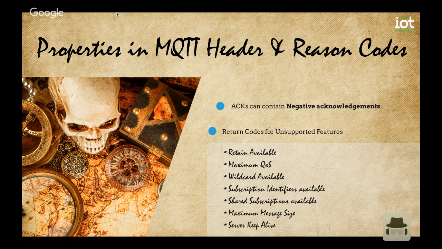So another foundational change is return codes for unsupported features. When a client connects to an MQTT broker, if the broker does not implement all MQTT features, which is pretty common at typical cloud platforms like AWS, then it's now possible to tell the client, okay, this feature is not available for you, for example if you have a permission control and you do not allow clients to subscribe or publish or something like this.